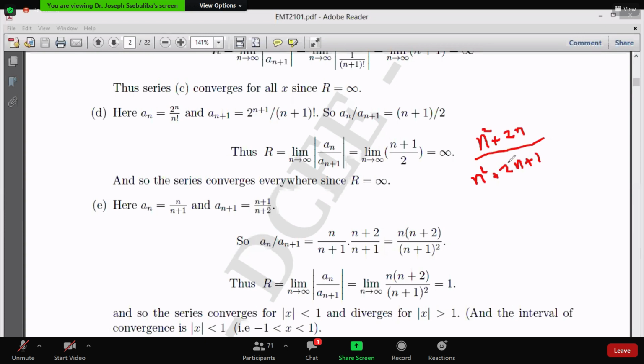What we do in limit theory here is divide by the term with the highest power. So you divide the numerator and the denominator by n squared. What will that give you? It will give you 1 plus 2 over n, divided by 1 plus 2 over n plus 1 over n squared.